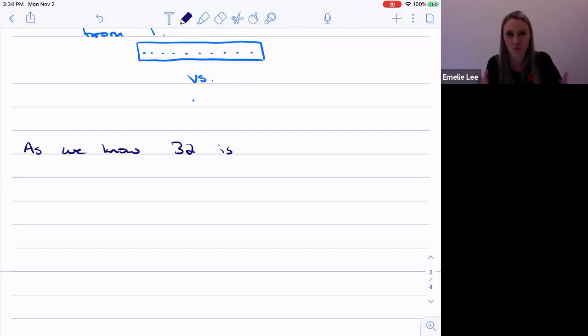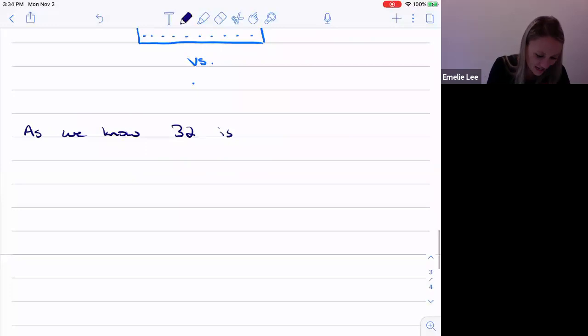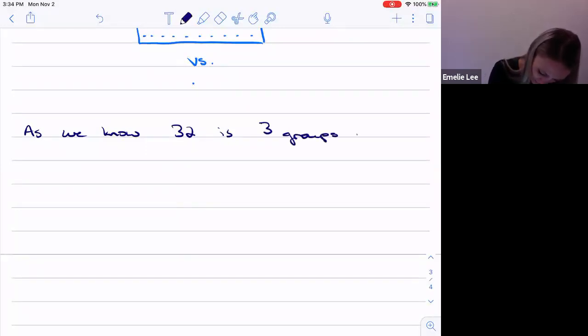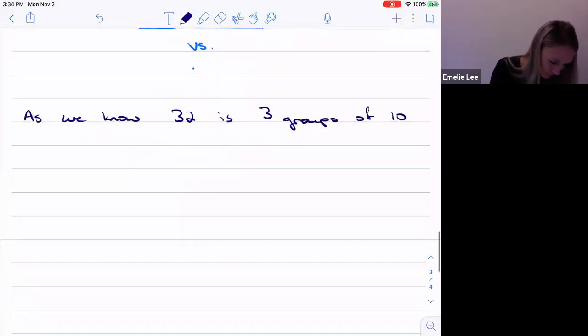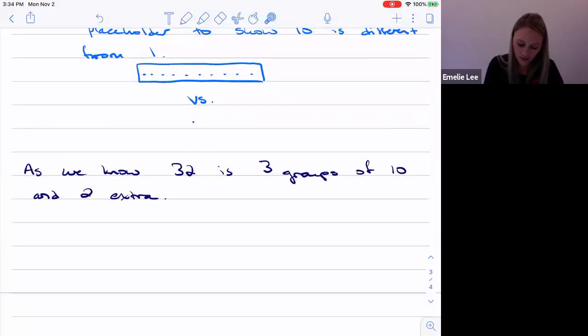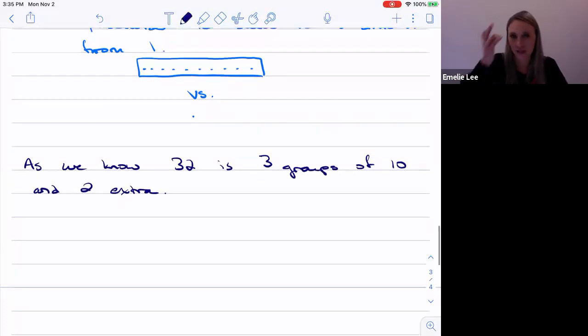We should feel pretty comfortable with that, hopefully. 32 is 3 groups of 10 and 2 extra. The 2 or the 1, we'll just call them extra because they're just extra little rogue units. They're not really part of any group.